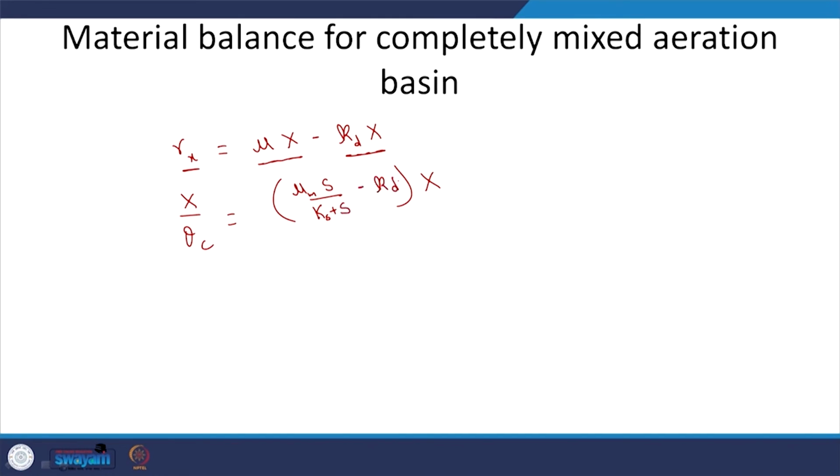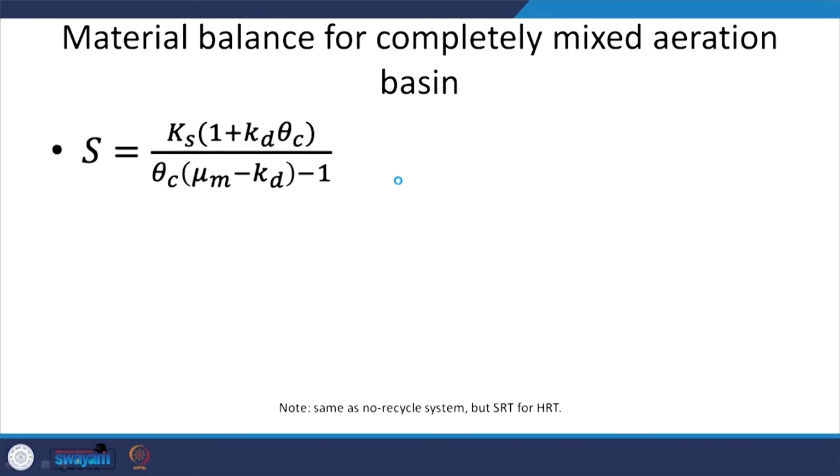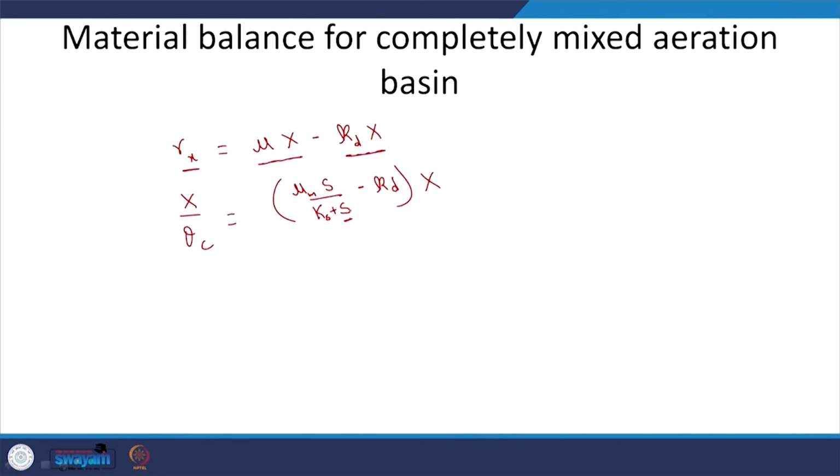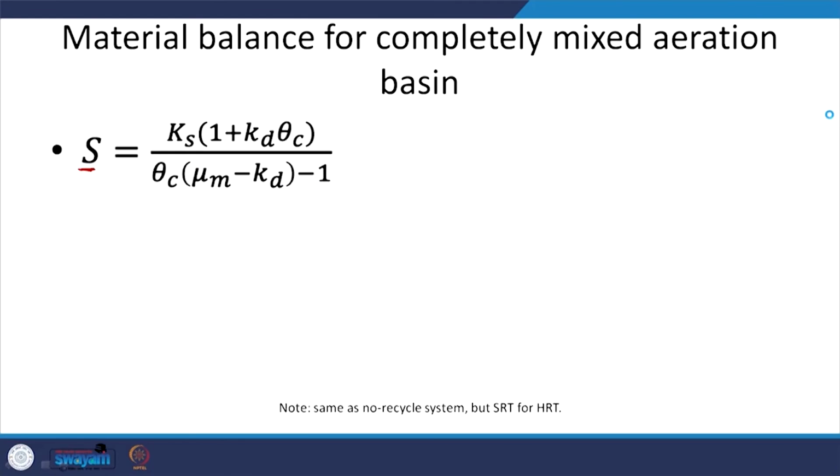So, from here I can rearrange and solve and get this S, right. So, that will give me one of the variables of interest. Again, what is this S here? S is the concentration of substrate within my particular aeration tank, which is more or less the same as what is going out, right.